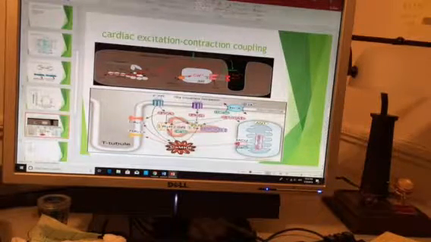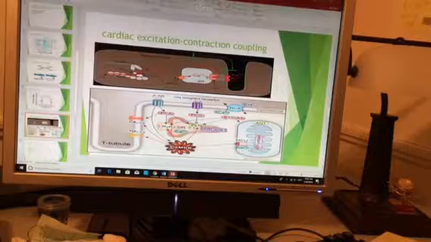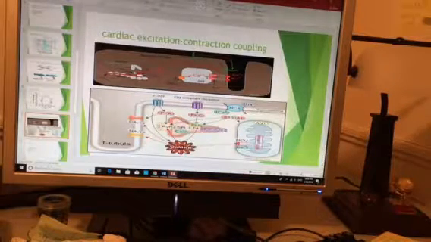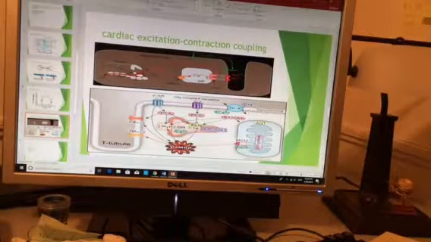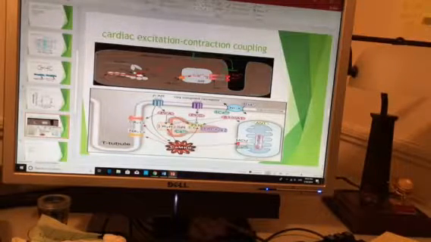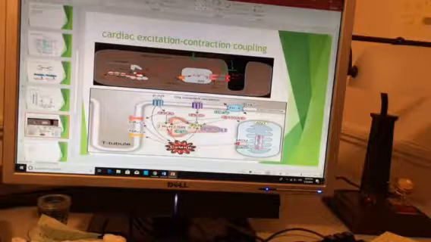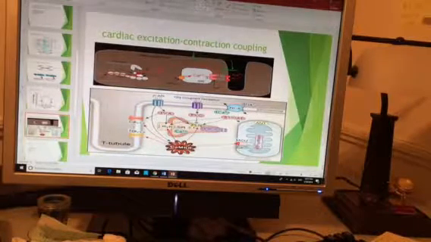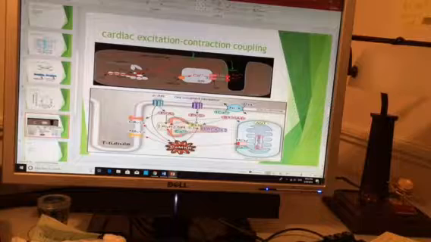The calcium influx triggers a subsequent release of calcium stored in the sarcoplasmic reticulum (SR) through the calcium release channel, and increases intracellular calcium concentration.